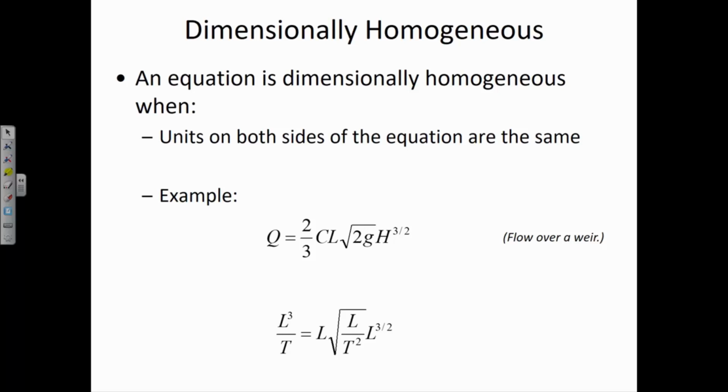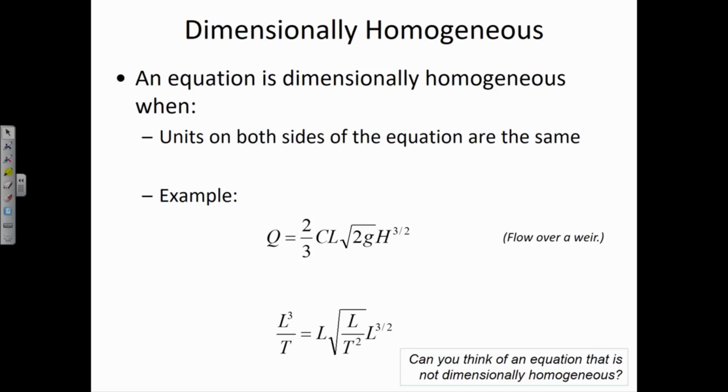The empirical equation is kind of the opposite of a fundamental equation, and oftentimes empirical equations are not dimensionally homogeneous, which means that there's some sort of strange fudge factor in there, some value that makes it all work. That's like a coefficient that relates observations that were taken in a lab with some formula that predicts the behavior most of the time.